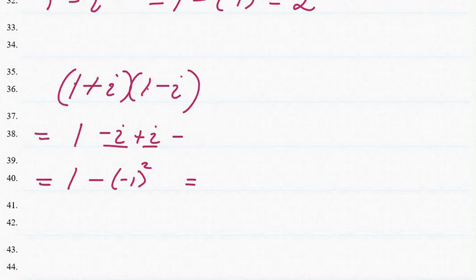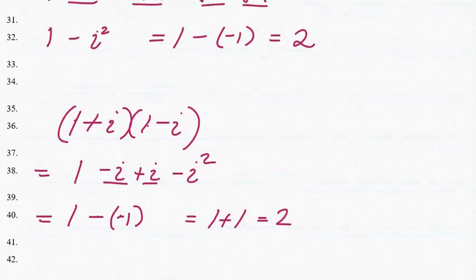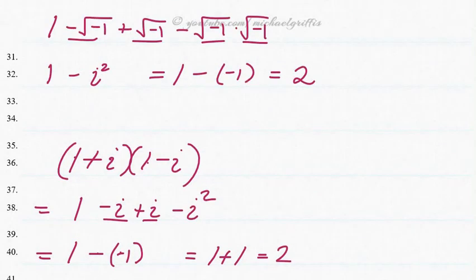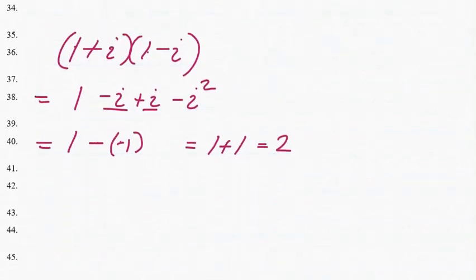Okay. So i times i is i squared, but i squared, this is where the mistake almost was made. i squared is negative 1. Okay, negative and negative is positive, so technically, right, you would have that. I need to look at something here real quick. Okay. Anyway, I about made a mistake.